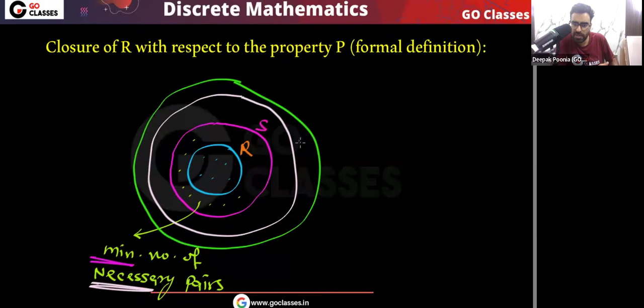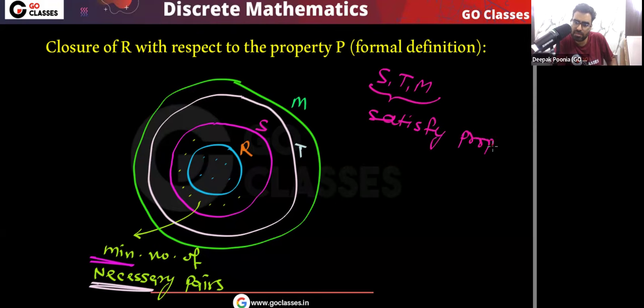Let's call this T, and let's call this M. Overall I am saying that S, T, M satisfy property P, and they contain R.